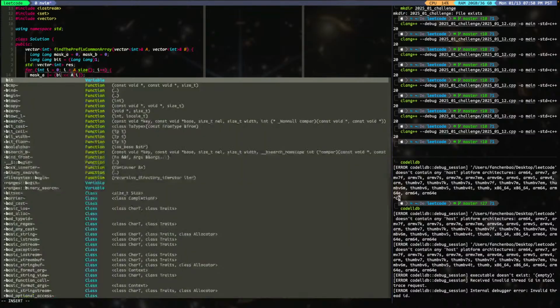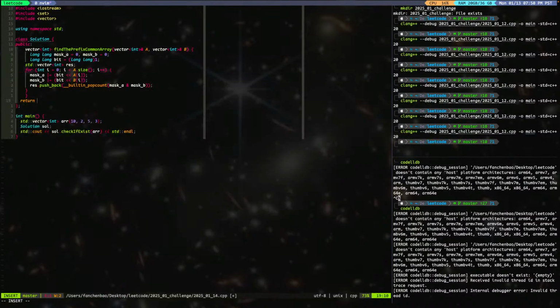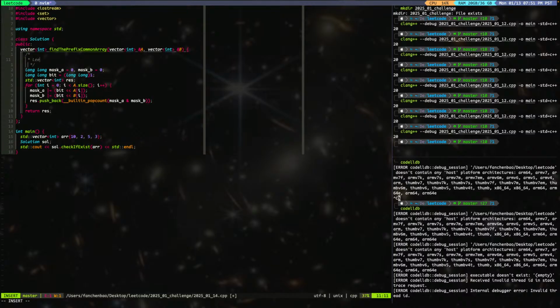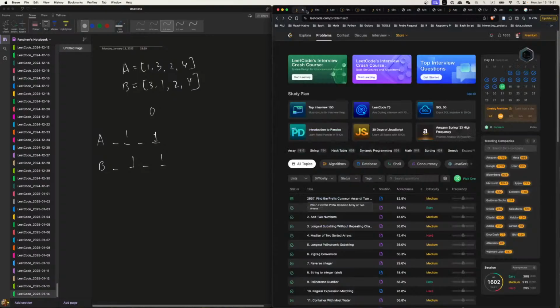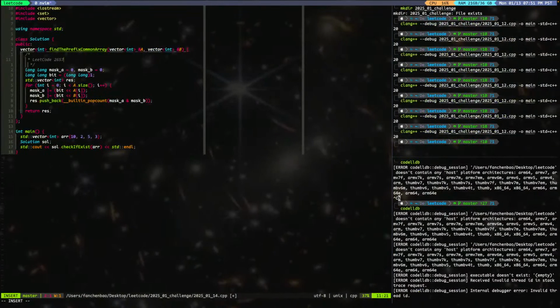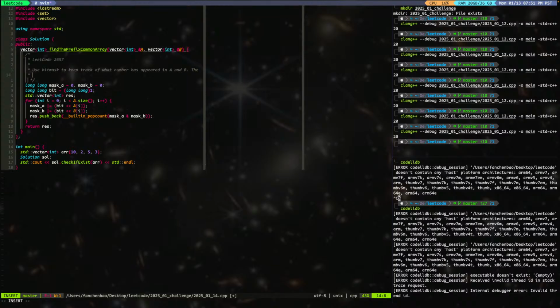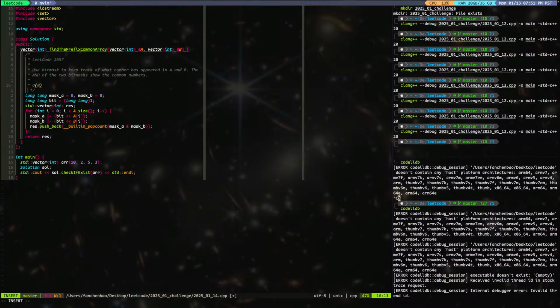Oh, there's no one. Use bit mask to keep track of what number has appeared in A and B. The AND of the two bit masks shows the common numbers, right? Call it ON.